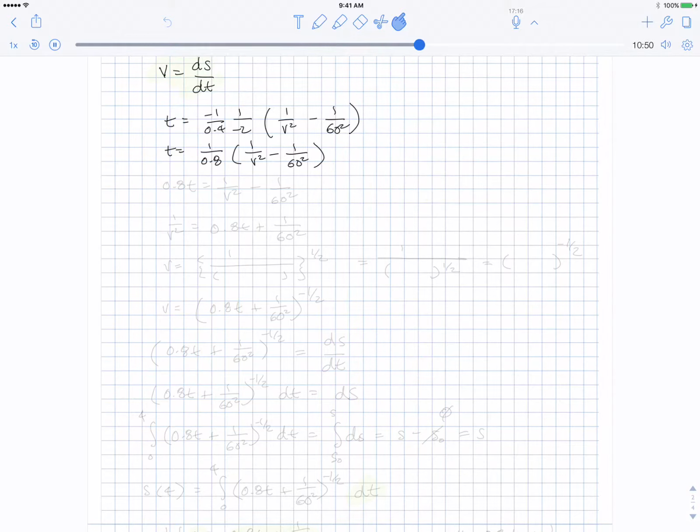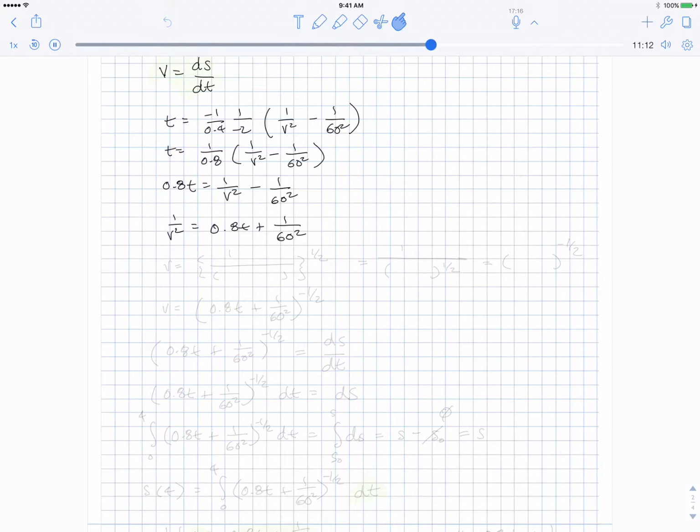Okay, so I'm going to just quickly do the algebra here. And finally, 1 over v squared equals 0.8t plus 1 over 60 squared.